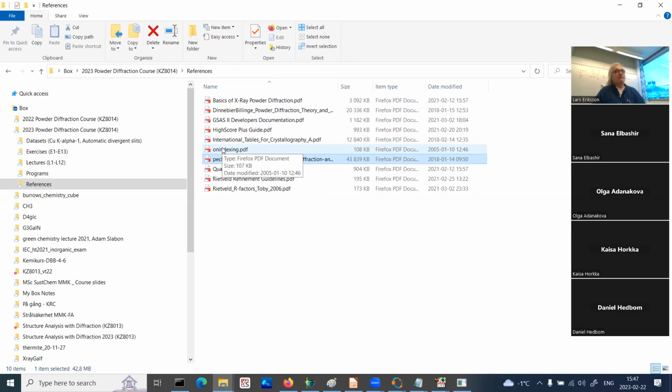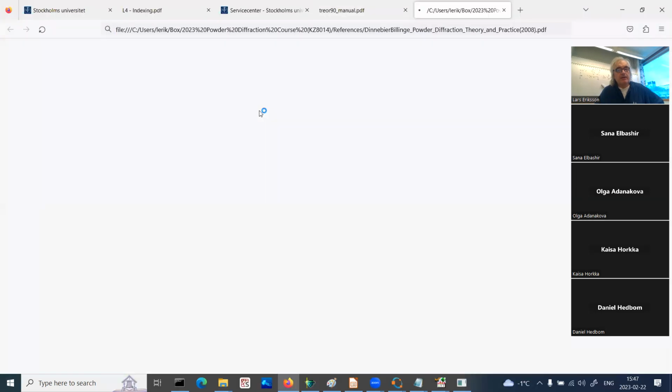It's a lot of material. No. This is, I mean, the Billinge book is general, partly general crystallography, but also powder diffraction, if it loads.